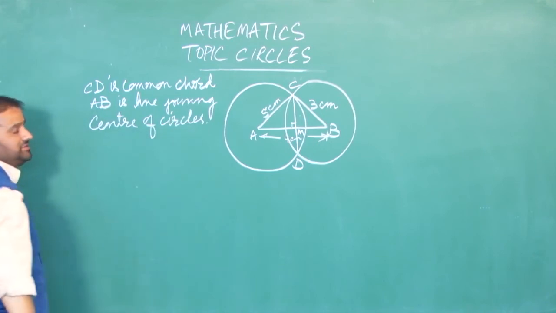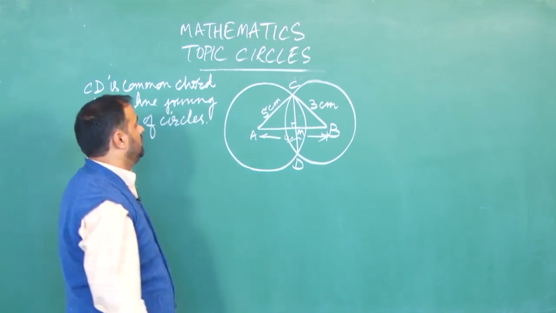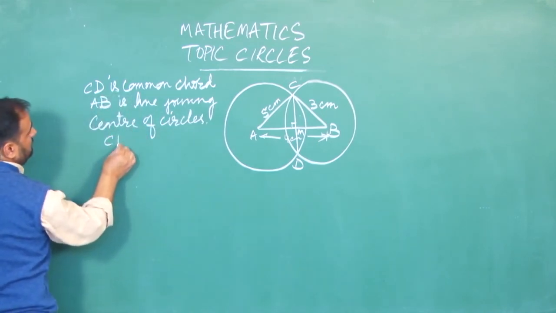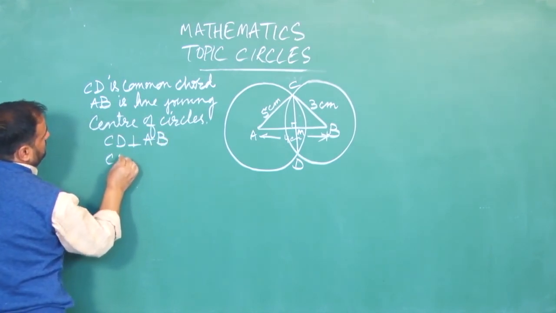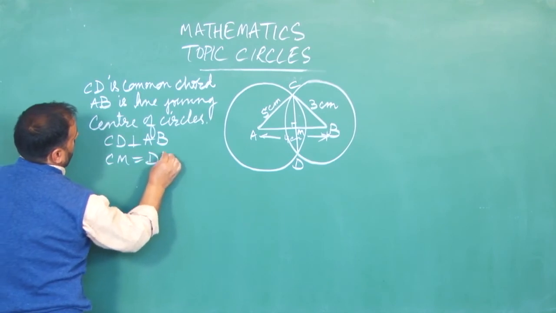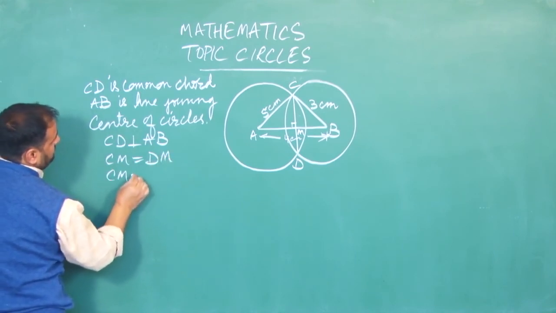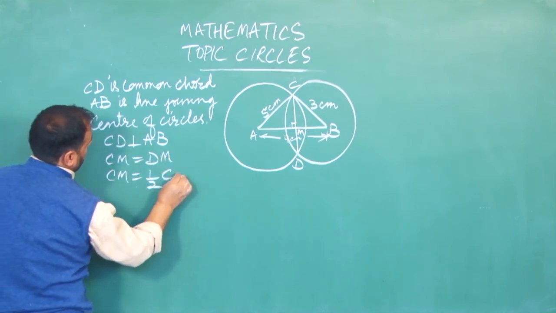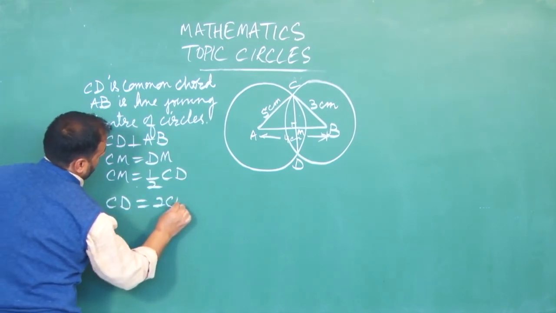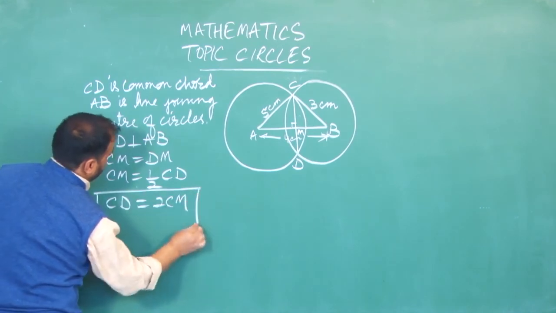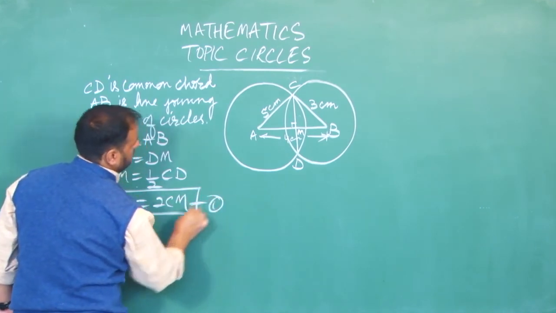So CD is perpendicular to AB and CM is equal to DM, or CM is half of CD, or you can say CD is twice CM. Keep this result as equation 1.